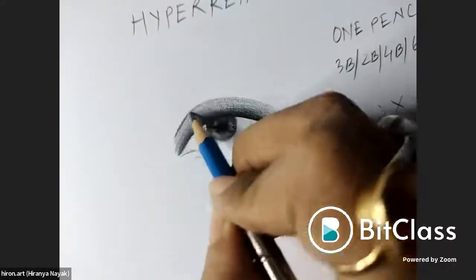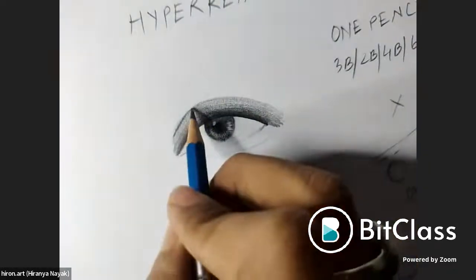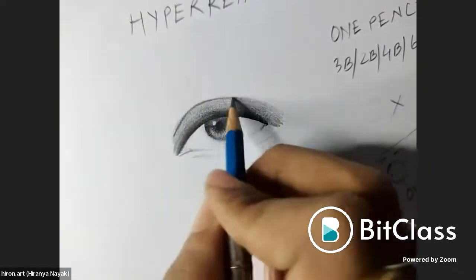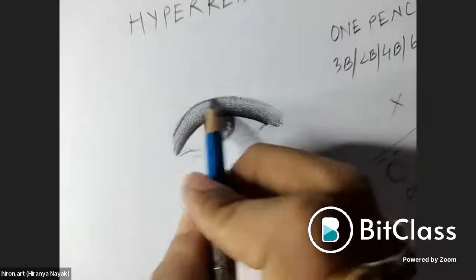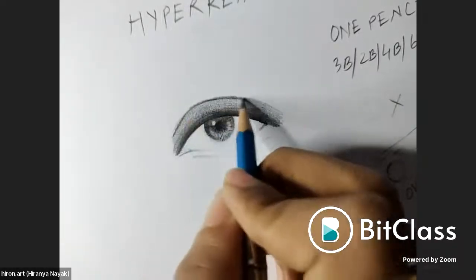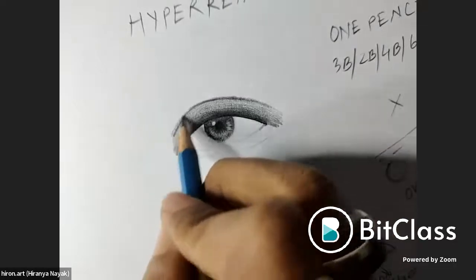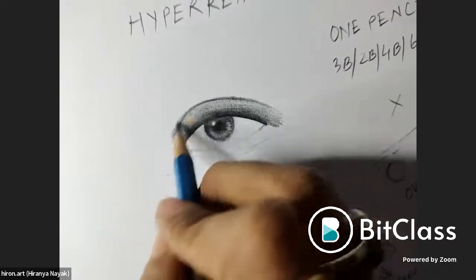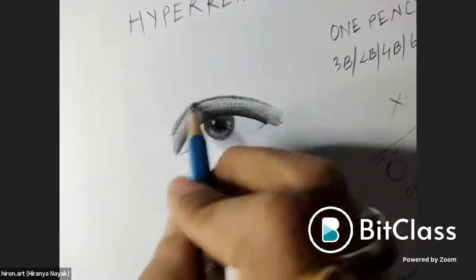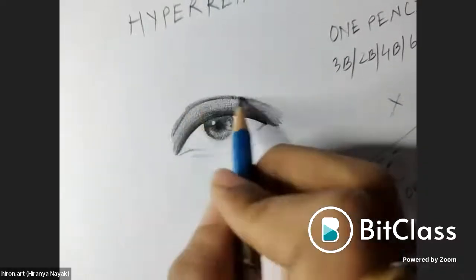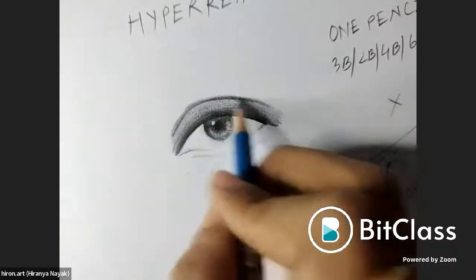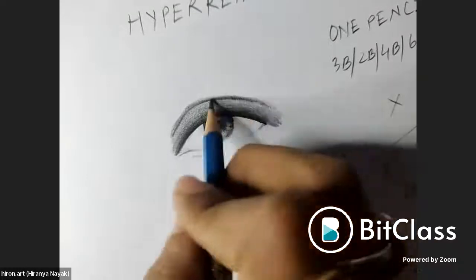Make this line a little darker. And I can shade a little amount here as well, with the dark gradation again, just to give it an effect.